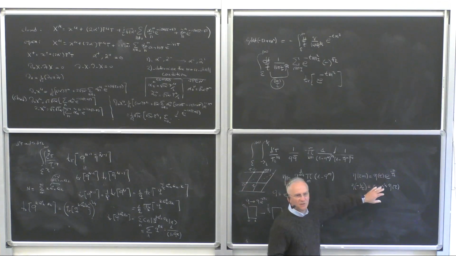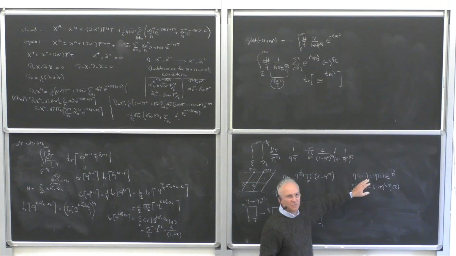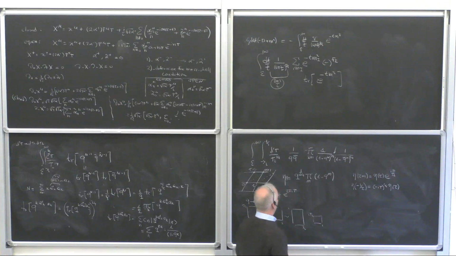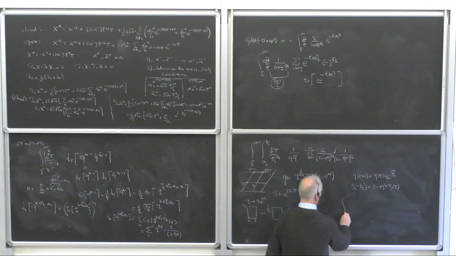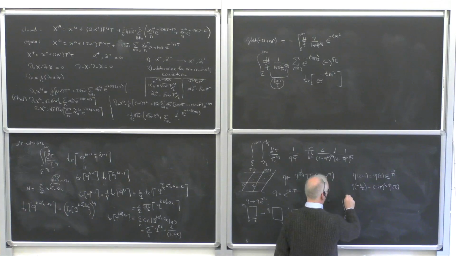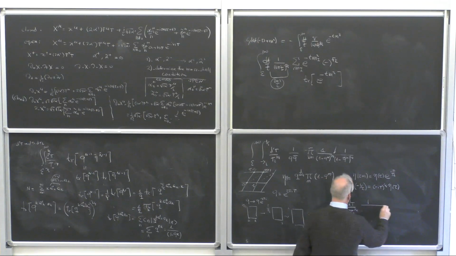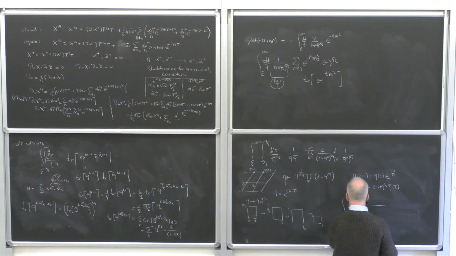Now this eta is not invariant. It has this complicated behavior. However, look at the integrand that we have there. And the integral I can write like this. Actually, let me write it in a slightly different way.